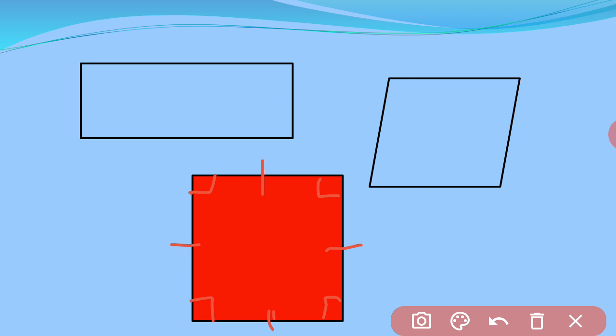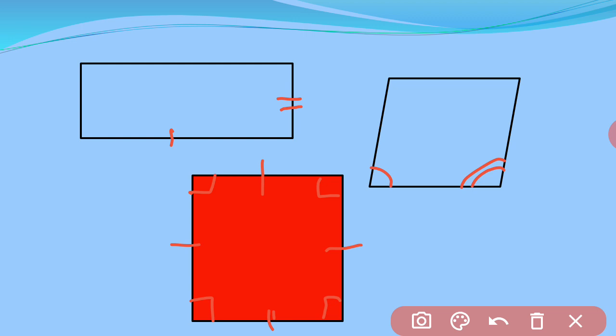Whereas if I talk about any other figure, the length of this side and this side are completely different. Measure of angles are not equal in this case. So the other two figures are not regular, that is irregular.